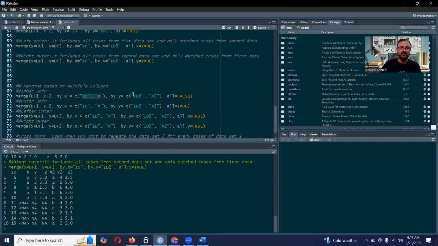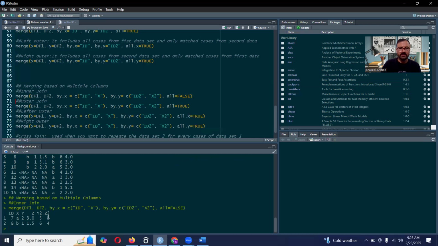For example, we can do the inner merge, which will include all the cases that match on the two identities, this ID and this ID, in the two data sets. So let's see. Now we have only two cases that match in the two data sets. For example, ID 7 with X value A exists in both data sets, and ID 8 with X value B. These two values are available in both data sets.